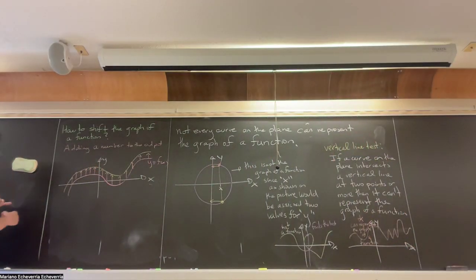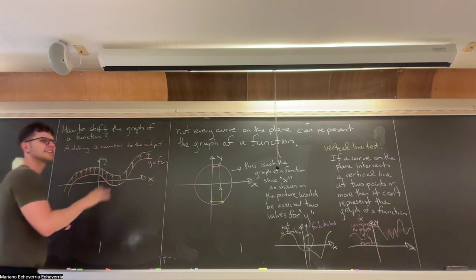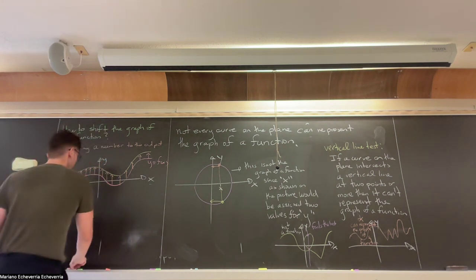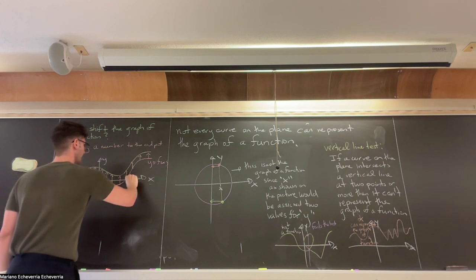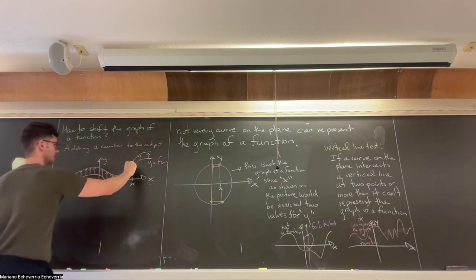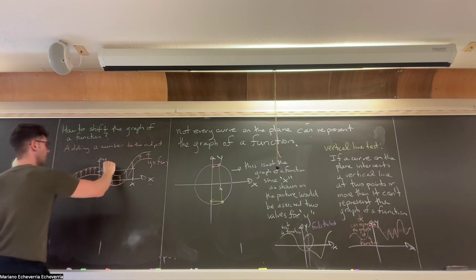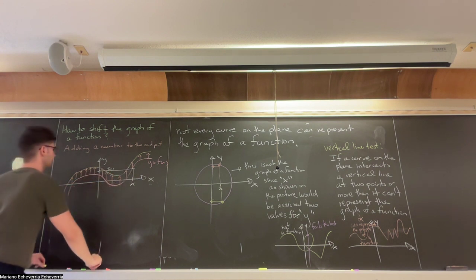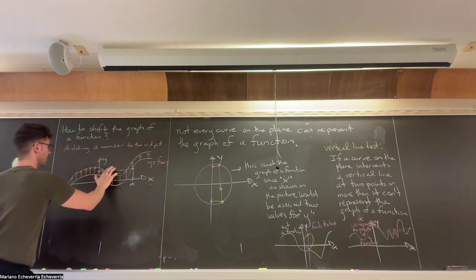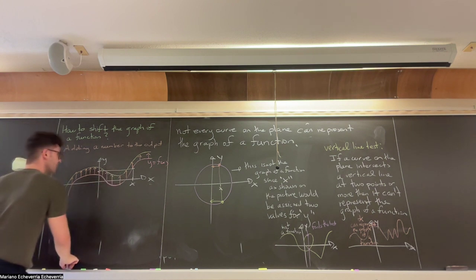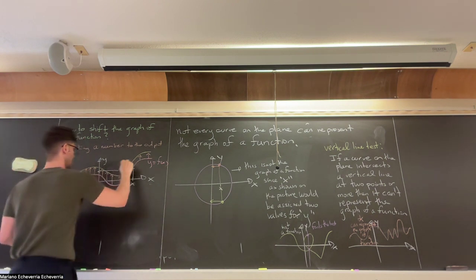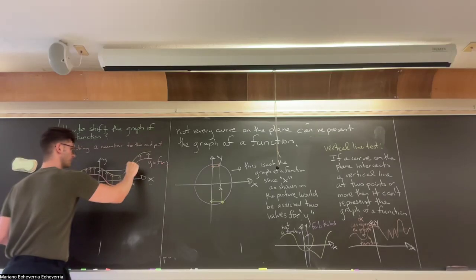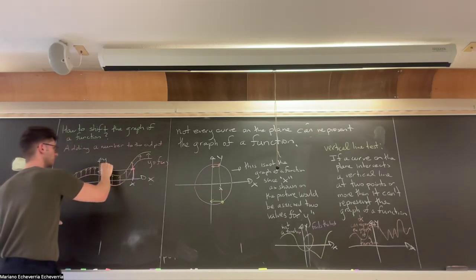So what is the difference? Let's try to work it out. If you take a value x, then this value was being sent to f of x for the pink curve. Actually, let me do it in pink because that's the pink curve. X was being sent to f of x with the pink curve.